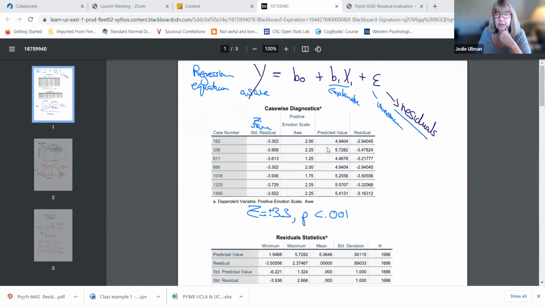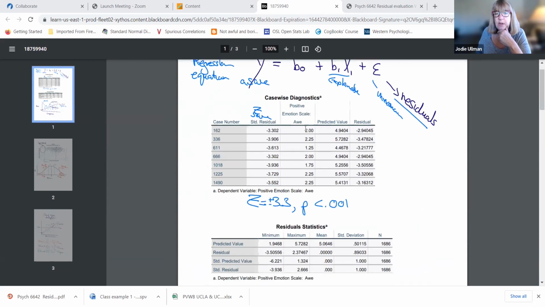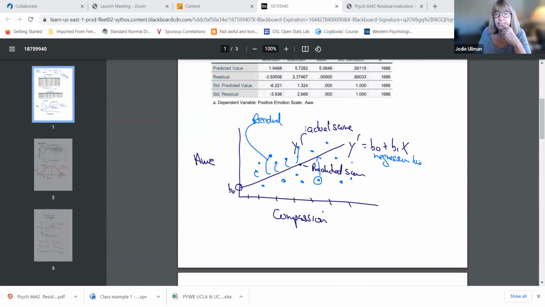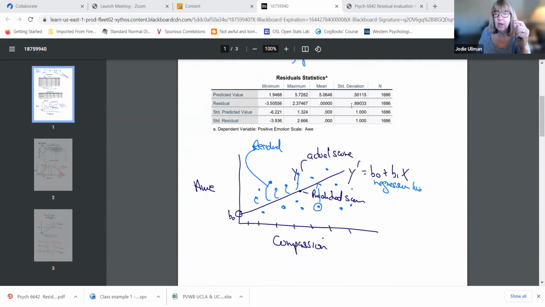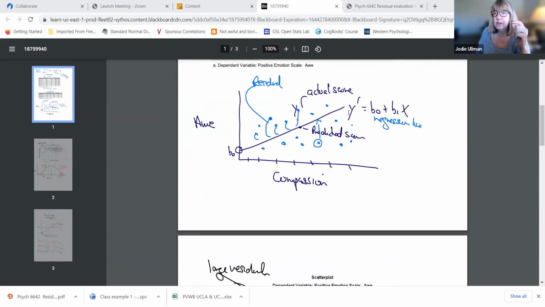All right, we may use this a little bit more, but I just wanted to look at this very top part here. We're going to look at the residuals a little bit later. So for the regression line, we have y predicted equals beta 0 plus beta 1 x. The intercept is a spot where you anchor the regression line.